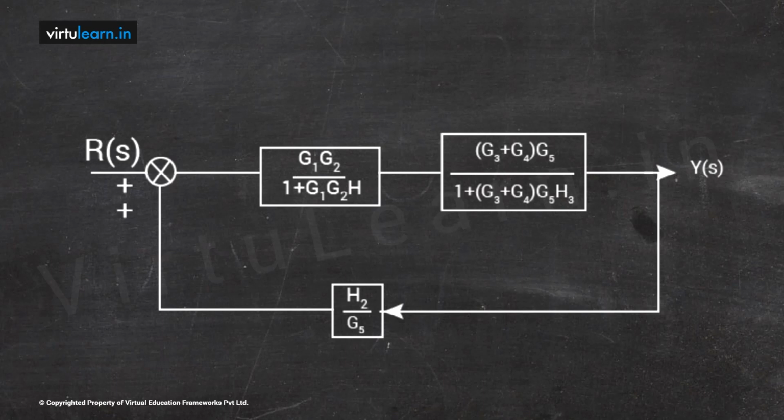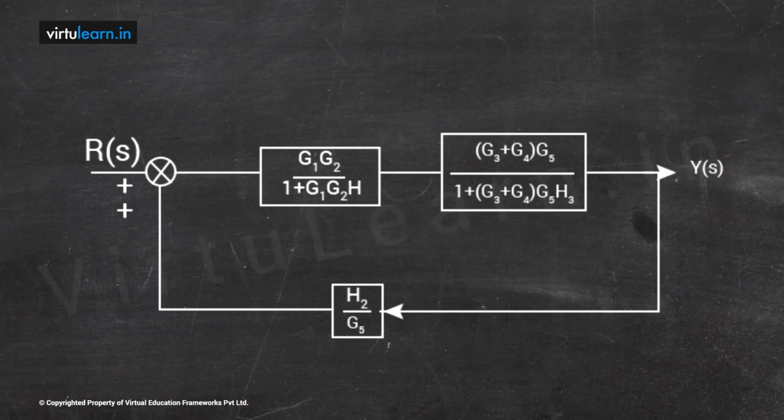You can simply multiply, and again there is a final feedback, but the feedback is positive feedback. Whenever you have positive feedback, you have to use the G by 1 minus GH formula, where G is the complete forward path transfer function and H is your H2 by G5.